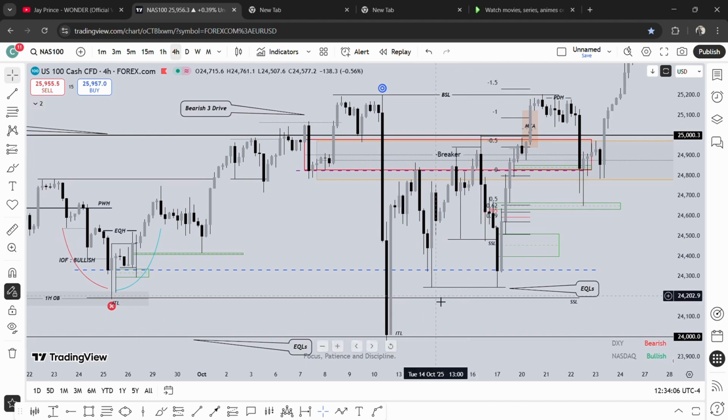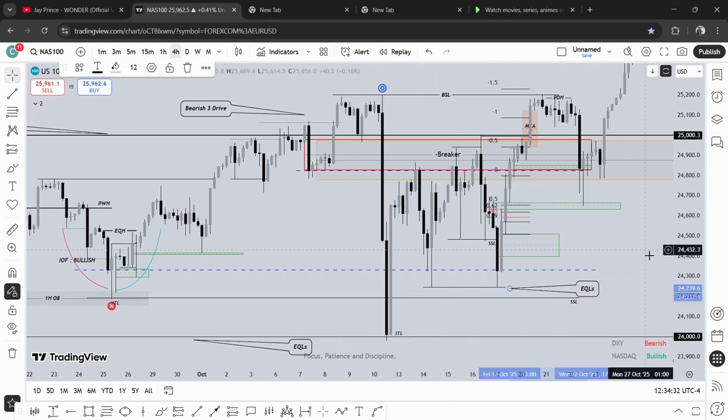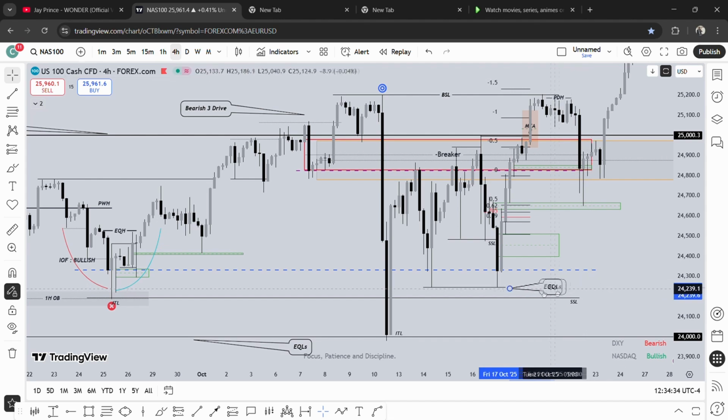As you can see over here, this was Tuesday, right? Inside of this down closed candle over here, we have an order block, a bullish order block. These order blocks that form right when we push sell side liquidity are very, very good support levels. I like to use those a lot.